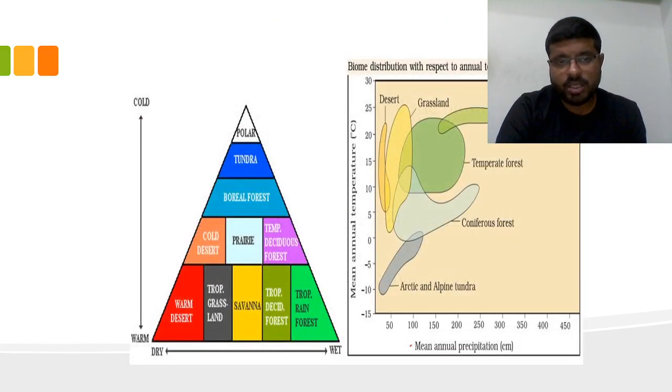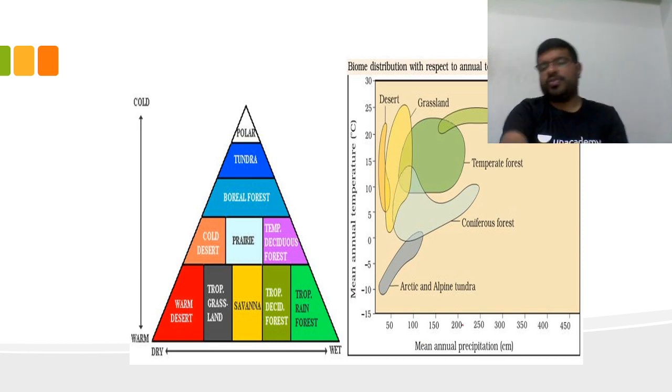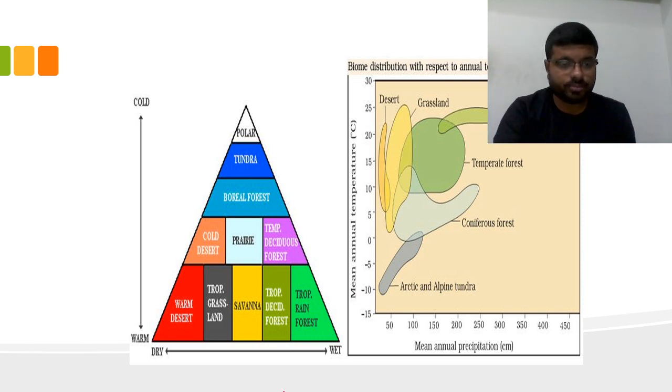And as you can see, the different varieties of biomes are in these diagrams. There are two different diagrams. We will discuss them now.